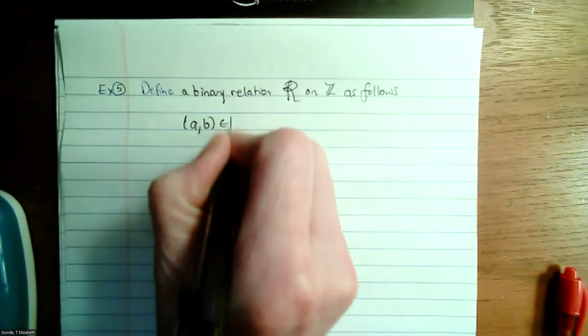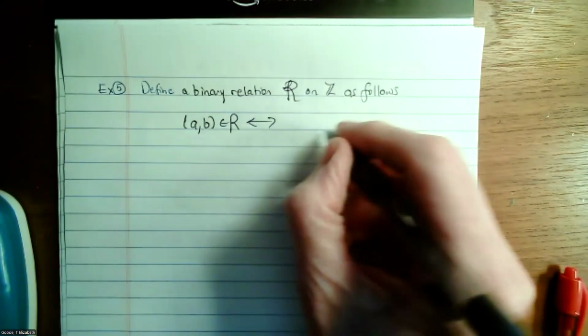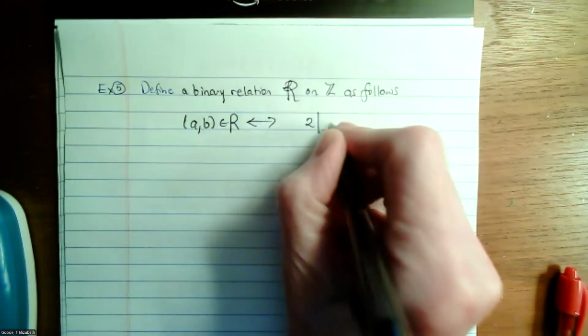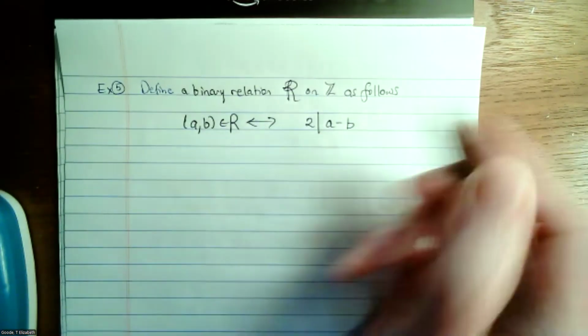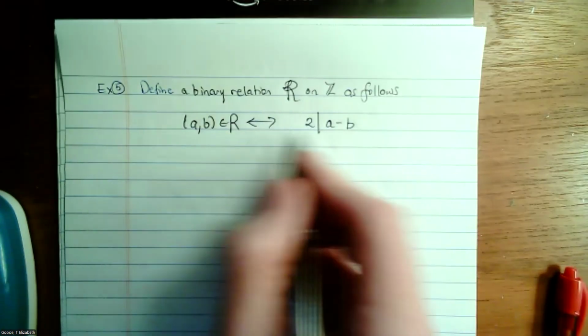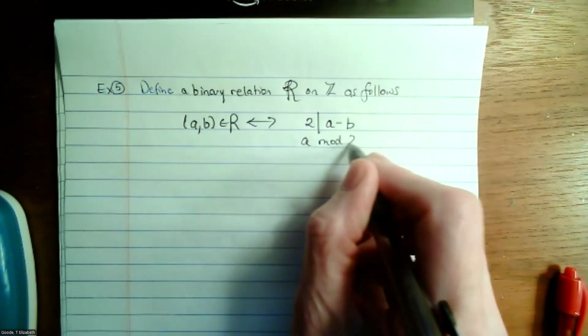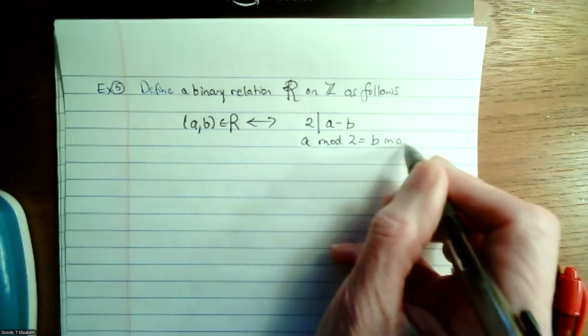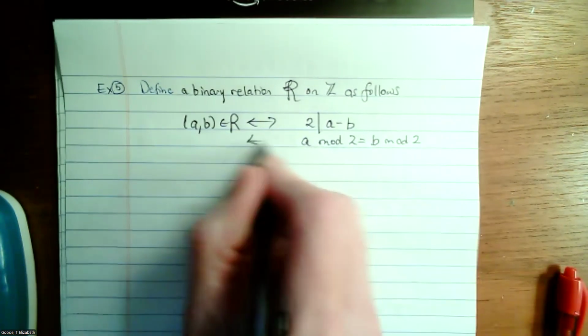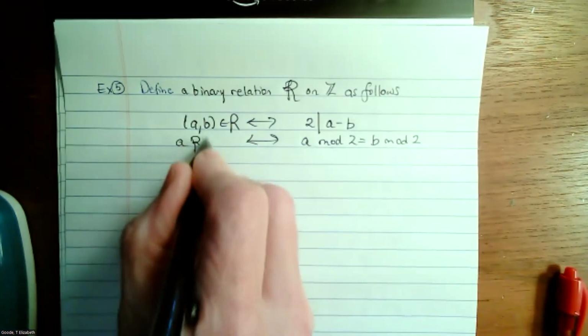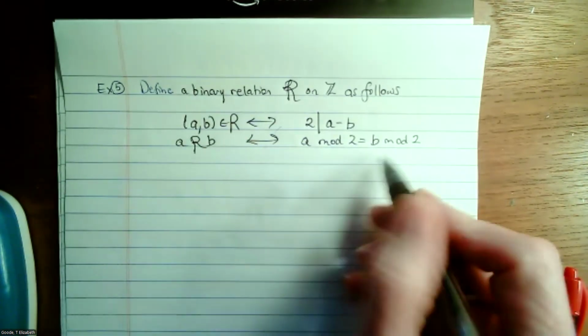(A, B) is in the relation if and only if 2 divides A minus B. This is the same thing as saying that A mod 2 equals B mod 2. We could define it that way. These mean the same thing.